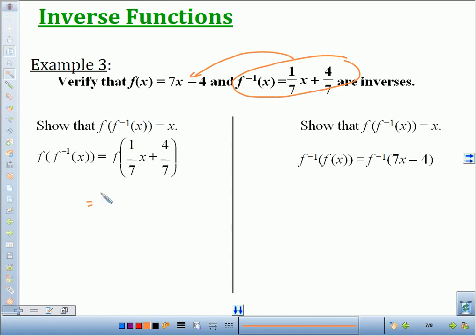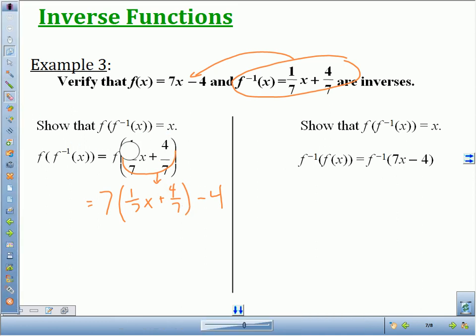Instead, I'm going to start with 7x, but of course x is 1 over 7x plus 4 over 7 minus 4. So notice I've taken x, this whole thing here, and I've plugged it in for x. That's what I do. Again, you plug the functions into each other.